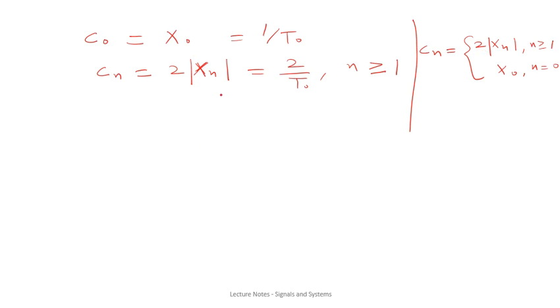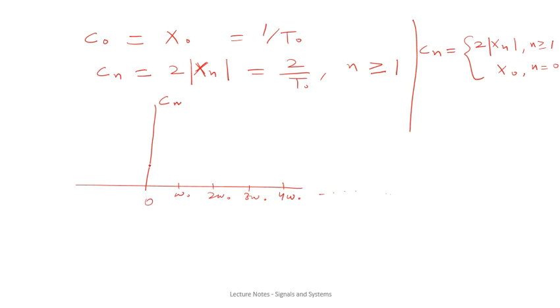Now you have the value of xn. Again you can plot the value of this Cn against the different values of frequencies, or n you can say. So if this is 0, omega naught, 2 omega naught, 3 omega naught, 4 omega naught, and so on.